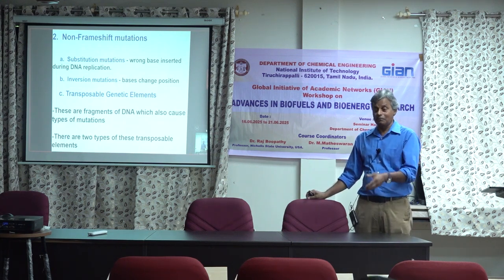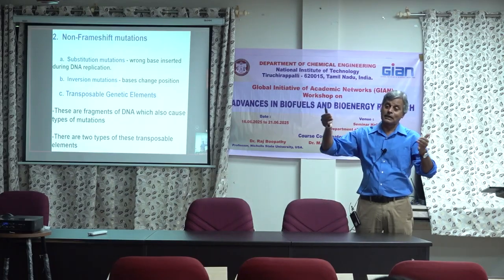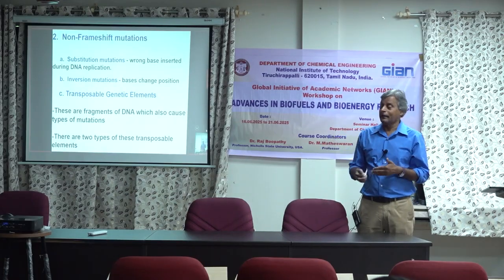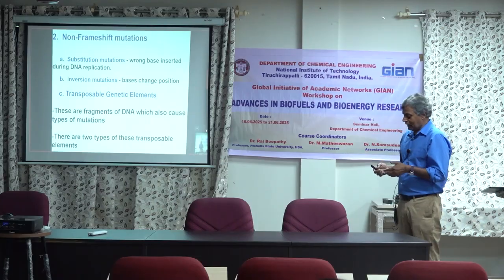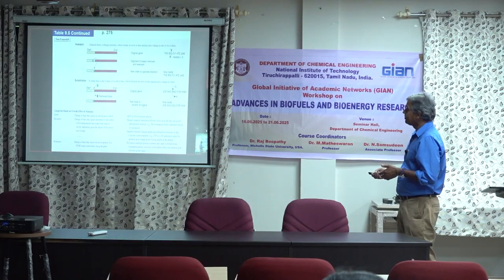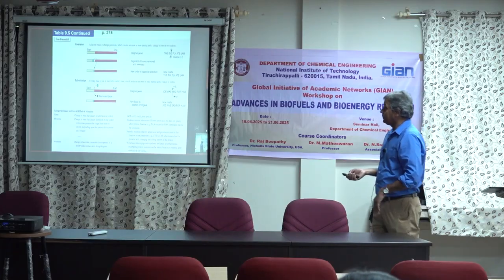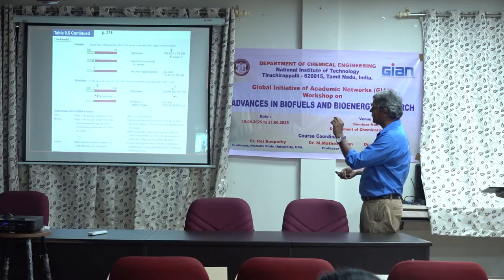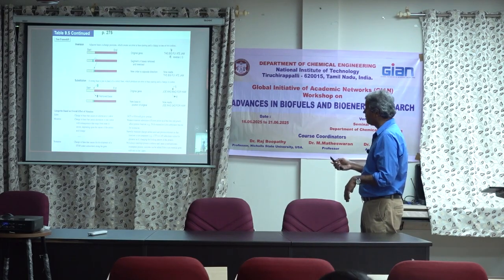The genes jump from one chromosome to another. They don't have a permanent place on the chromosome. So that is called transposable genetic element. That explains the non-frame shift mutation: the whole chunk of DNA is moved, a lot of letters change, and then it doesn't make sense.